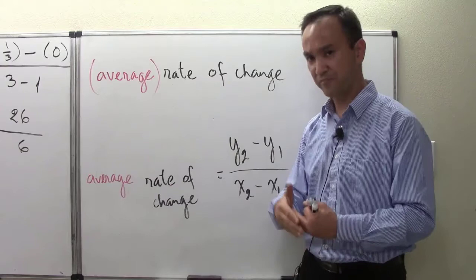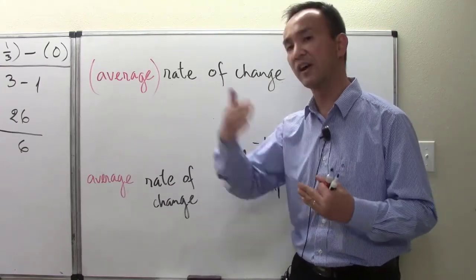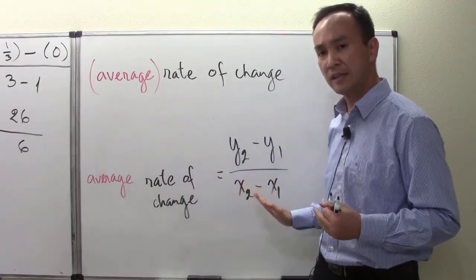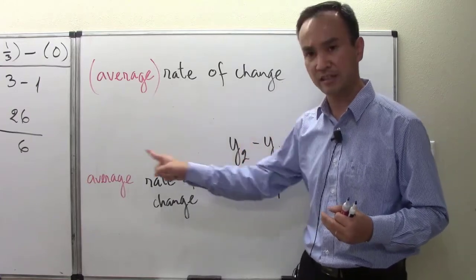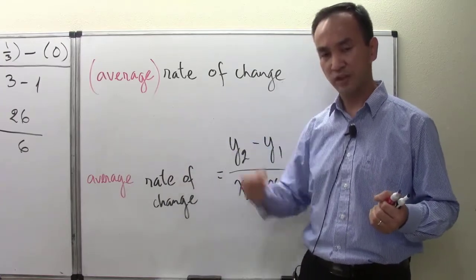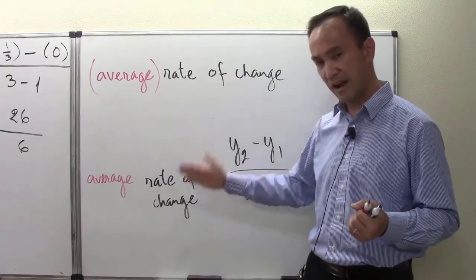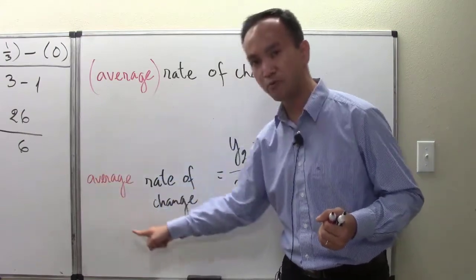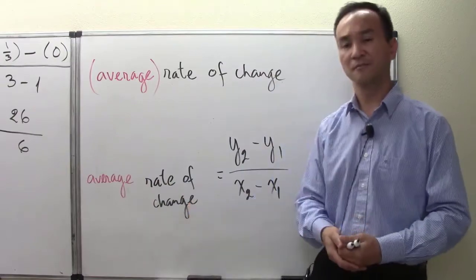Then again, you will get a very clear explanation from your calculus professor once you arrive there after this course, why this formula should only be regarded as the average rate of change, because the actual rate of change is going to be used as something else in your future calculus course. But for now at our level, sometimes it's referred to as rate of change, sometimes it's precisely stated as an average rate of change. For now, it's the very same thing.